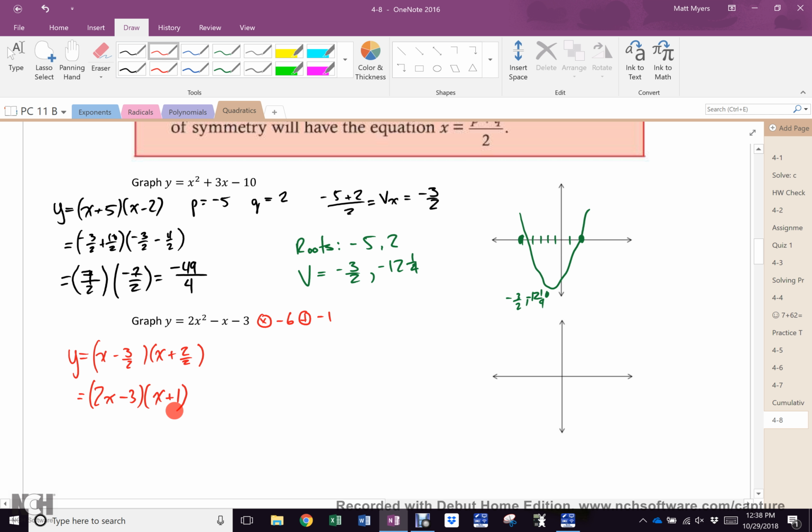What are my roots? 3 halves and negative 1. Is everybody good to there? Yeah? Okay. What is my vertex x-value?